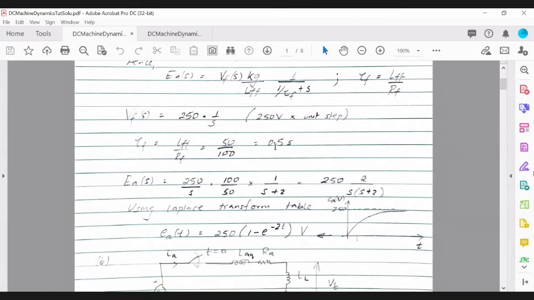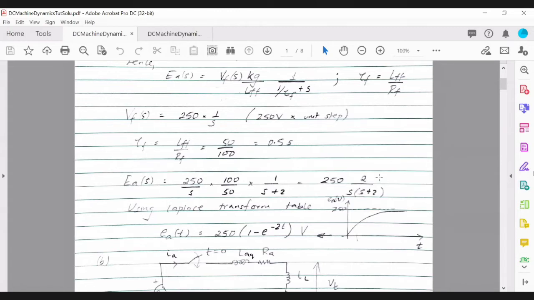So when you substitute, this term 1 over tau F will become 2 here, right? And Kg over LF is here, and VFS is 250 over S. So you end up with this transfer function for the armature voltage.